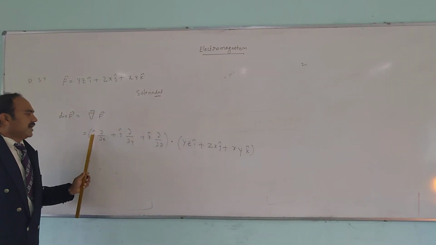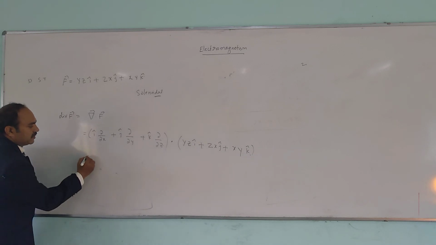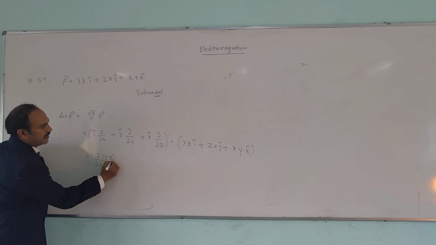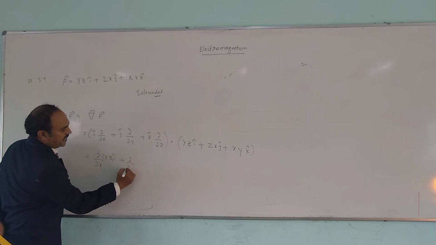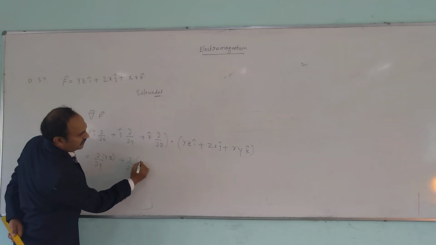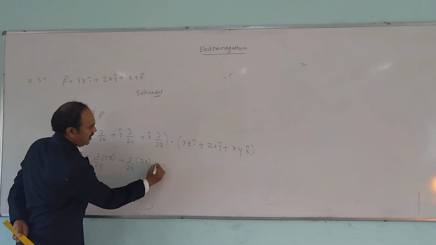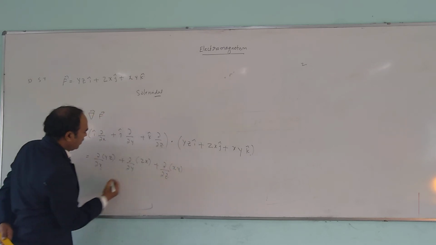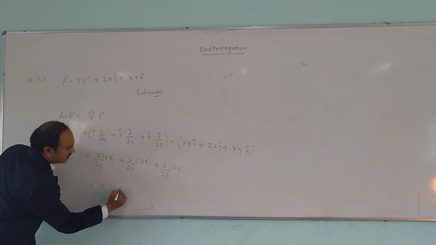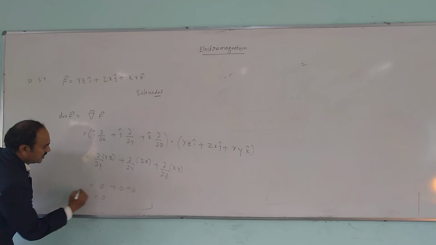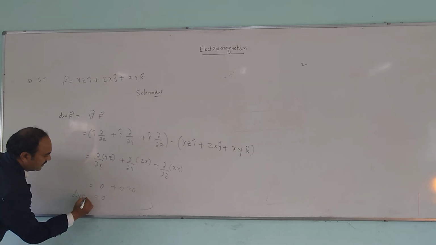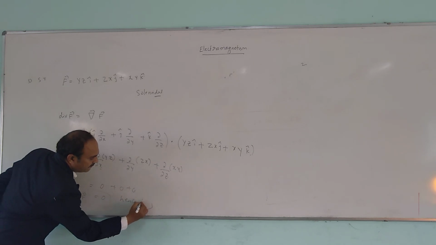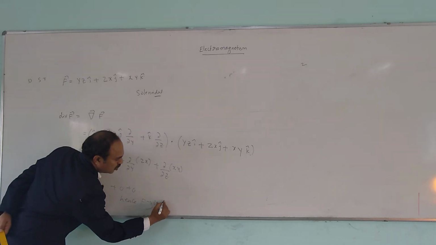The i prefix should be multiplied. So this is dou by dou x of yz plus dou by dou y of zx plus dou by dou z of xy. All of these happen to be 0, which is nothing but 0. So divergence of the function f is equal to 0. Hence f is solenoidal.